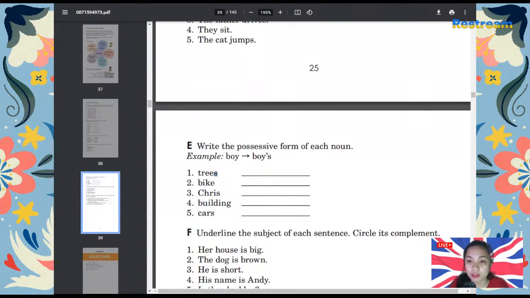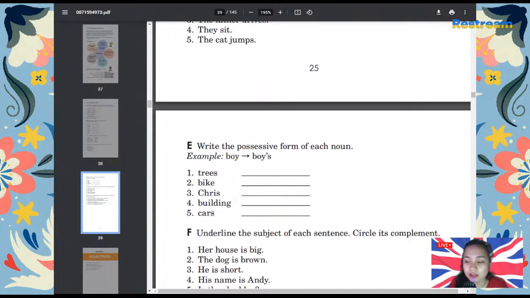So it's still read as "trees." We cannot read it as "treeses." It doesn't sound right, and it's wrong already. So instead of doubling the letter S, I will just put an apostrophe. Did you get it? Are we all clear? I hope it helps.